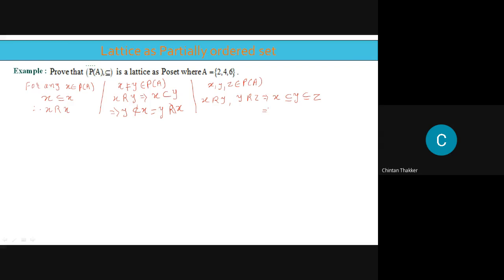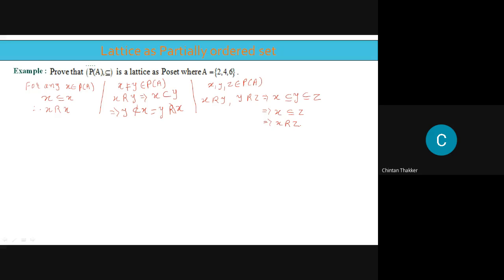So that gives x is a subset of z, and that is x is related to z. So it is transitive. That means P of A with subset is a poset. Now, to prove that the LUB and GLB belong to P of A, we use the table here, like we did for GCD and LCM.